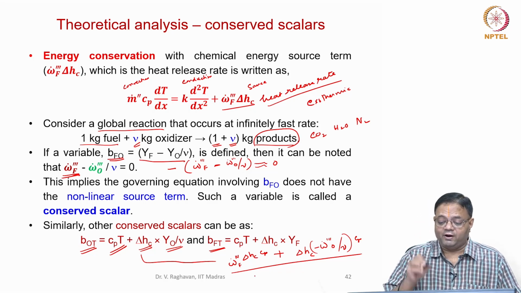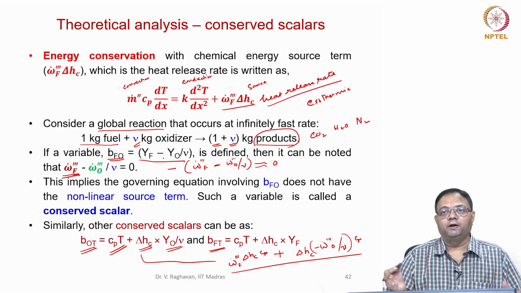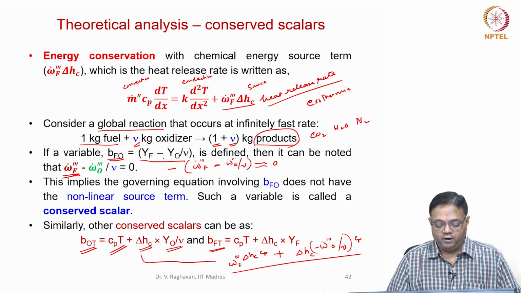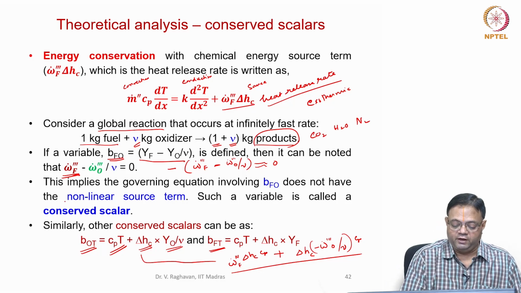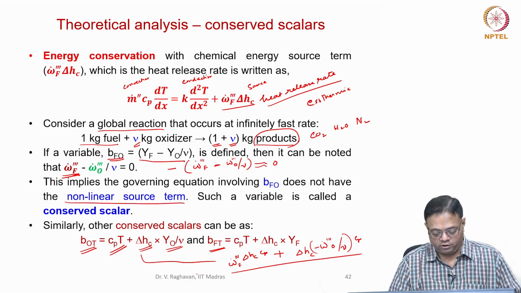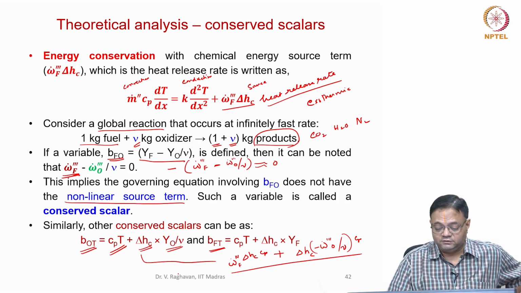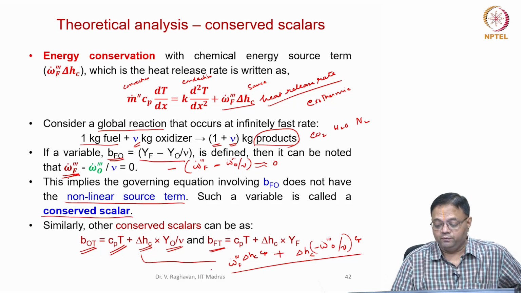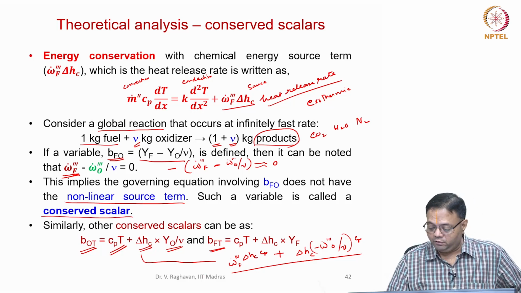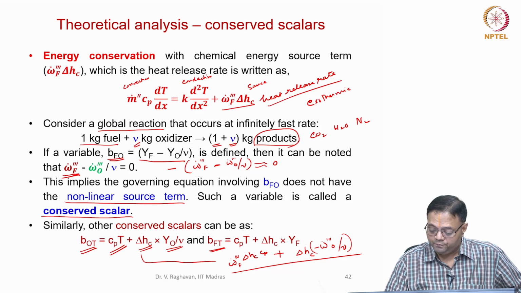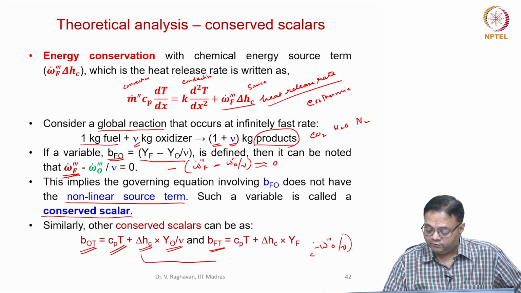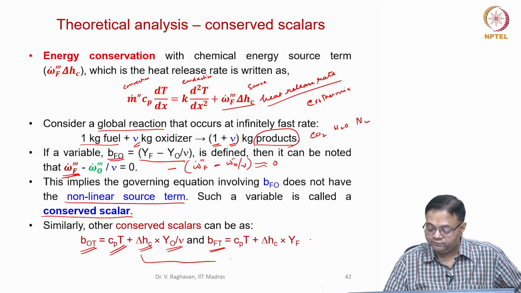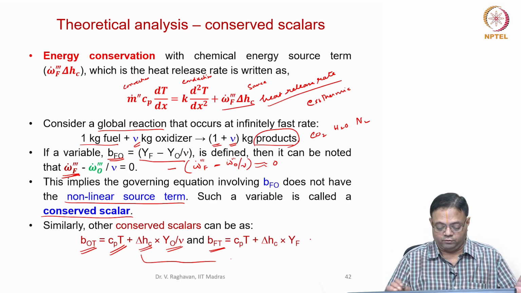So, whenever I can define a variable combining two variables and get rid of the nonlinear source term, then what I get is a conserved scalar. A conserved scalar is a variable which actually has no nonlinear source term.